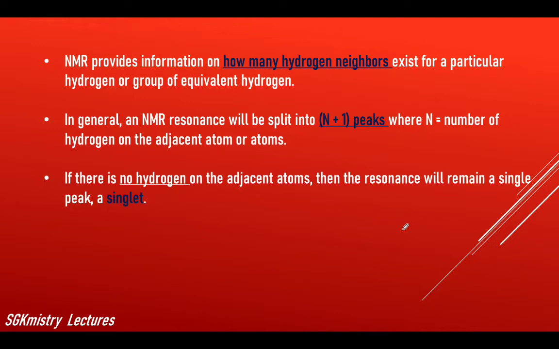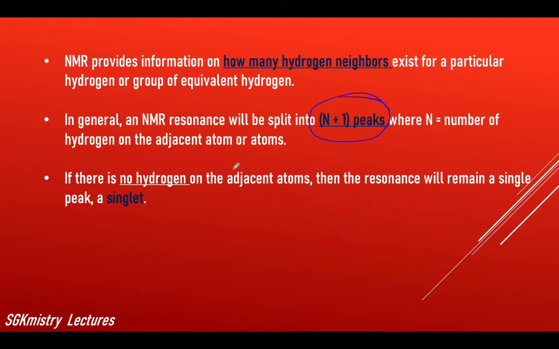And based on this, we can say that a particular signal will be split into n plus 1 number of peaks. Suppose if the neighboring hydrogens are 2, then the particular signal will split into 2 plus 1 peaks, that is 3 peaks.